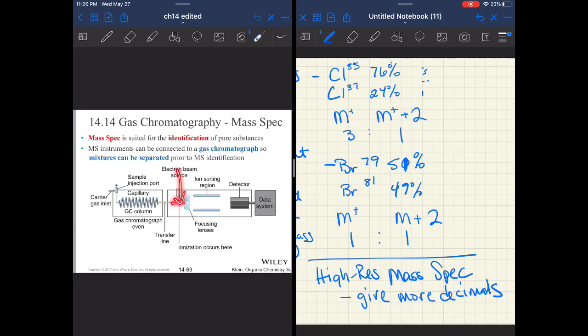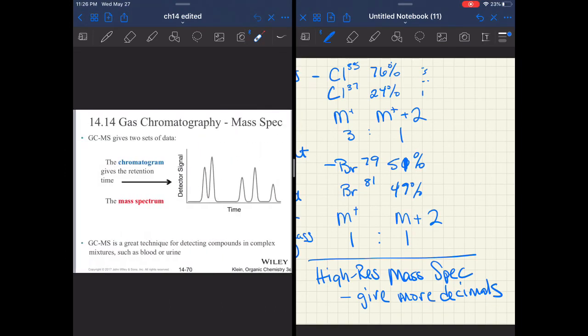They get ionized, they get sorted, and there's that magnetic field in there, and then they get detected. So you wind up with a chromatogram from the GC. In this mixture, there were 5 different things. And what you would be able to do is say, I want to know what was in this peak, and then below it, a mass spectrum would pop up. So it allows you to analyze components of a mixture right away.